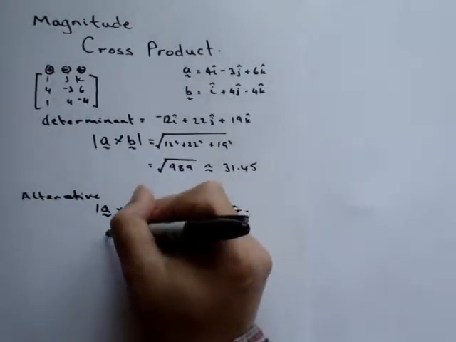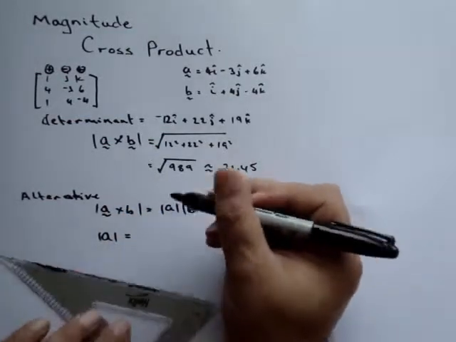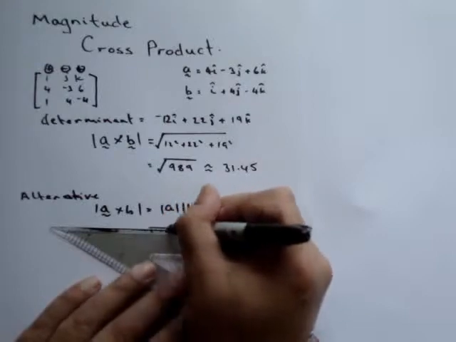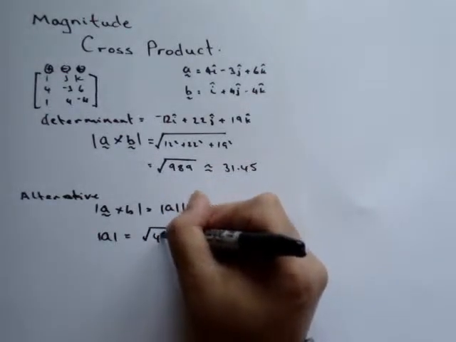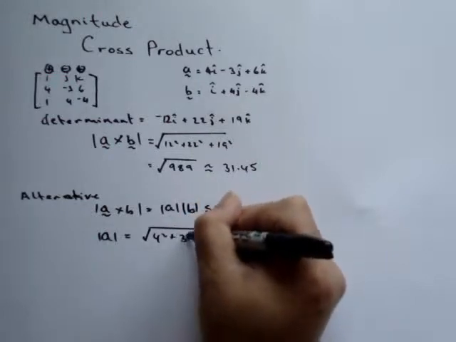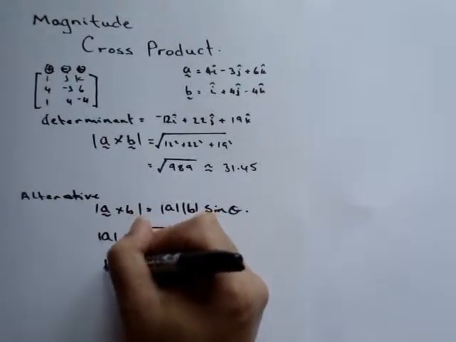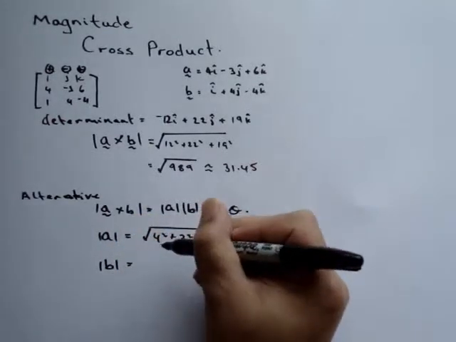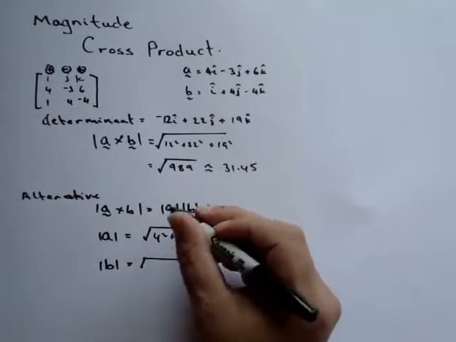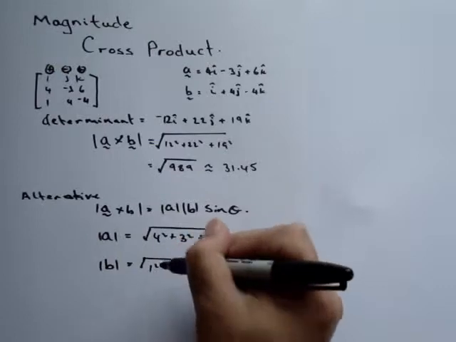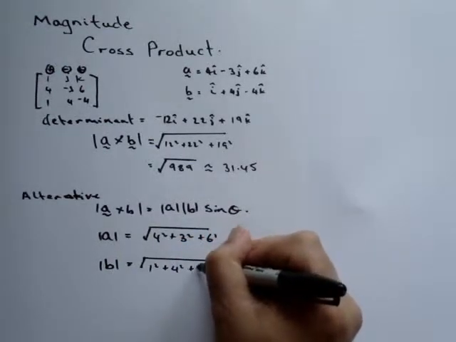So here we get our magnitude of A equals the square root of 4 squared plus 3 squared plus 6 squared, and our magnitude of B equals 1 squared, which is i, plus 4 squared plus 4 squared.